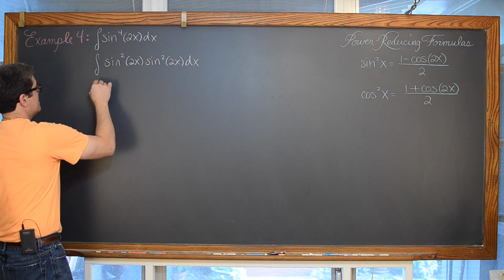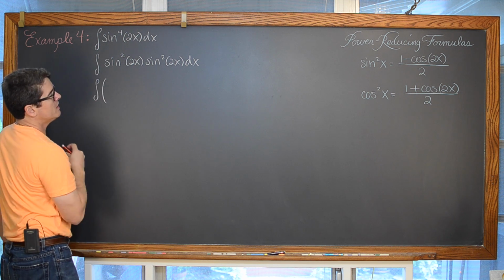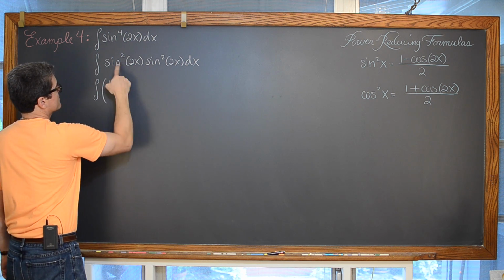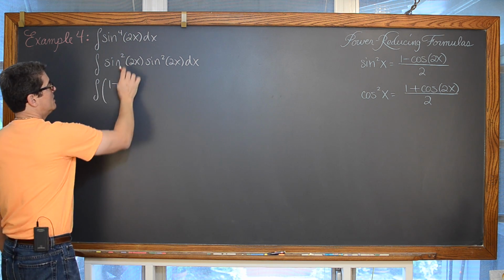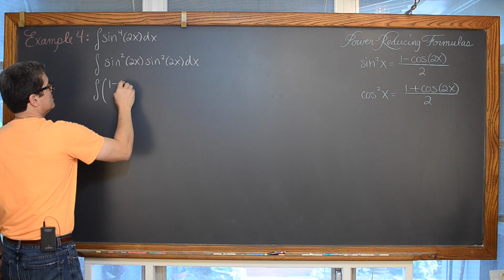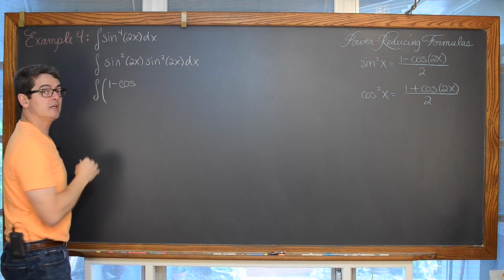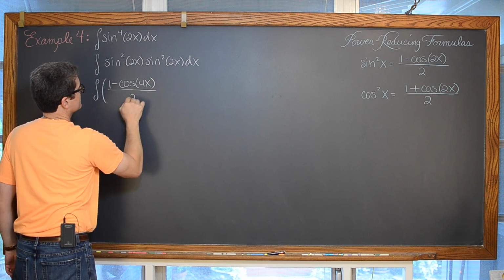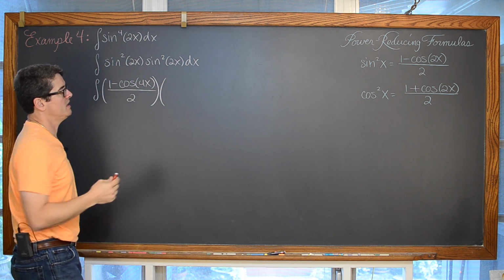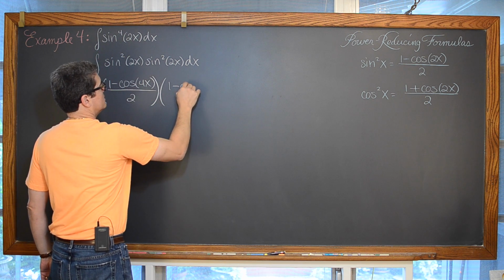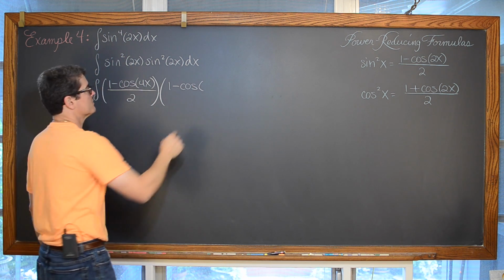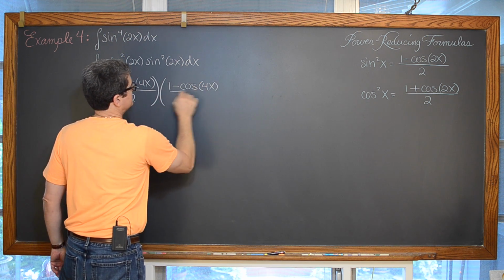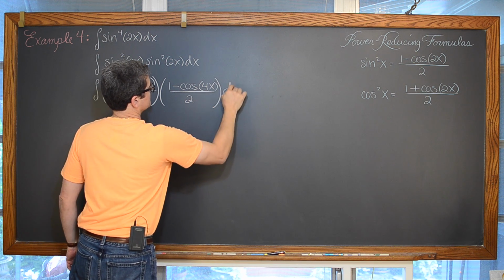So we're going to have the indefinite integral of, for this sine squared of 2x, 1 minus the cosine, doubling that 2x, we get 4x, over 2, times, again, 1 minus cosine of 4x over 2, dx.